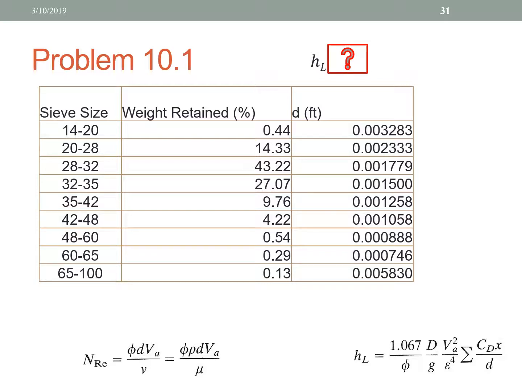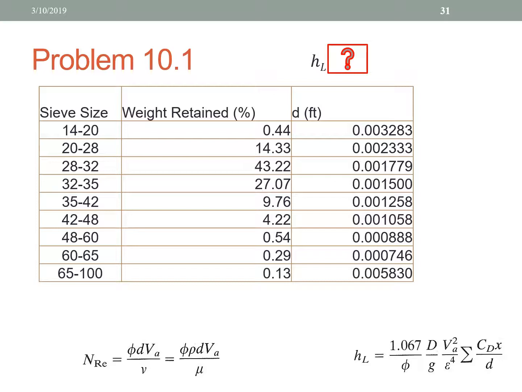The next slide is HL equals 1.067 over phi times d over gravity times velocity squared over epsilon to the 4th times sigma CD X over D.